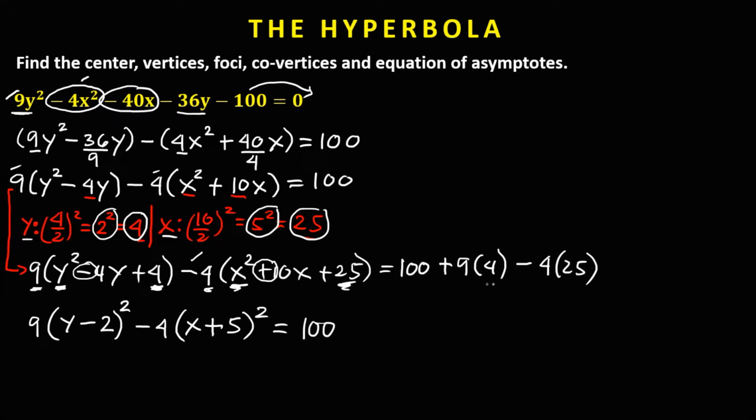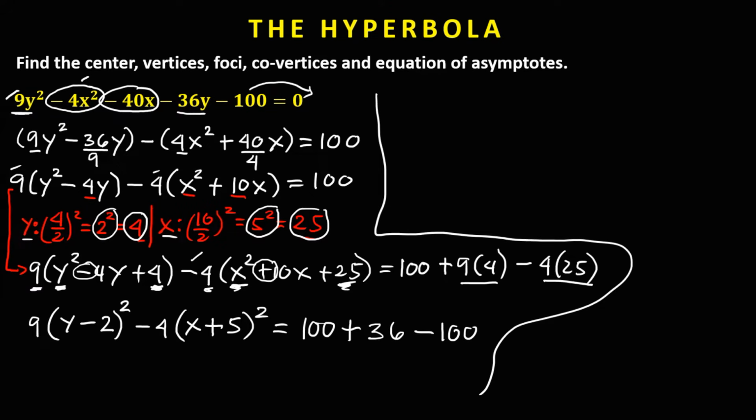So we have 100, then plus 9 times 4, this one is 36, then minus 4 times 25, this is 100. Then simplify, so we have 9 times y minus 2 to the power 2, then minus 4 times x plus 5 to the power 2, then equals.